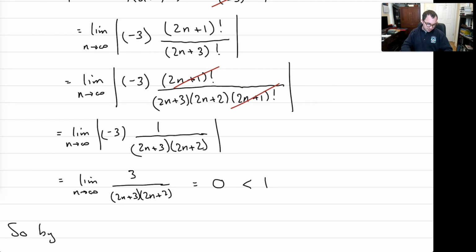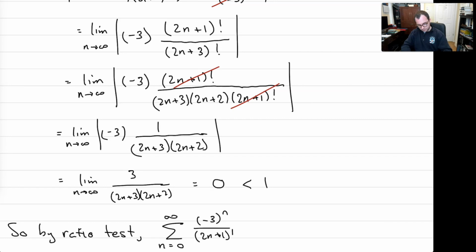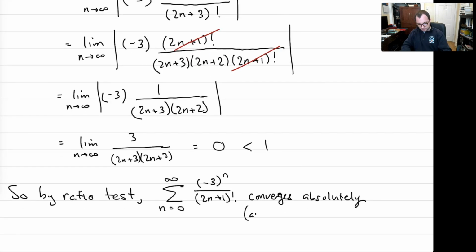So by the ratio test, the series converges. Absolutely. Therefore converges.